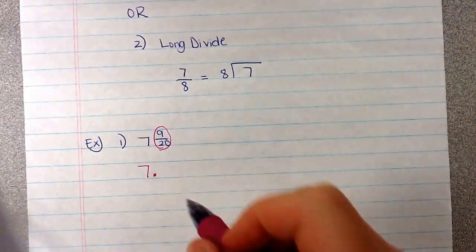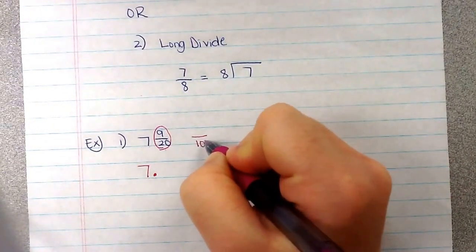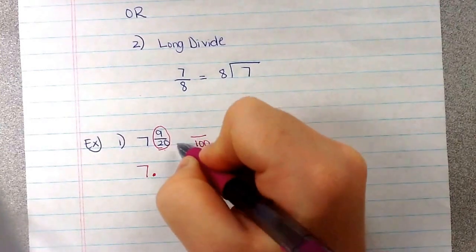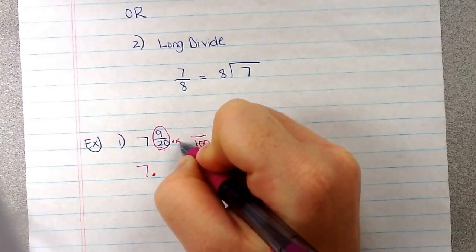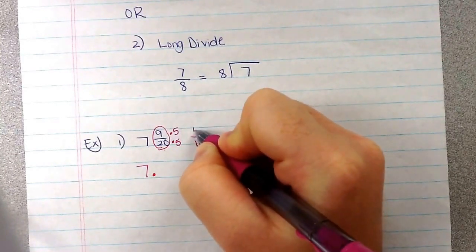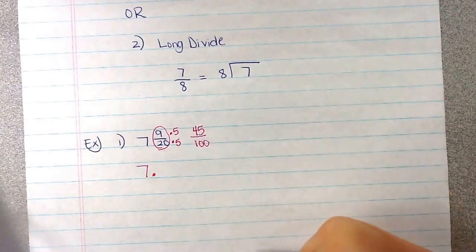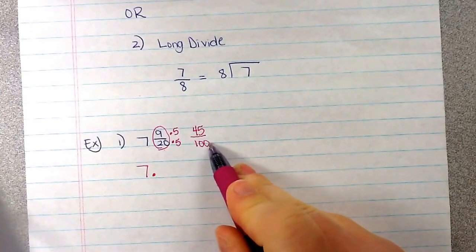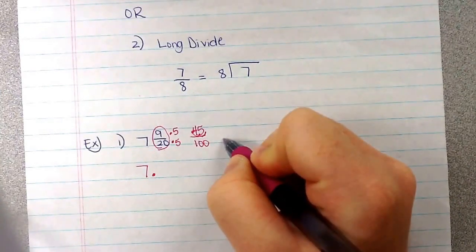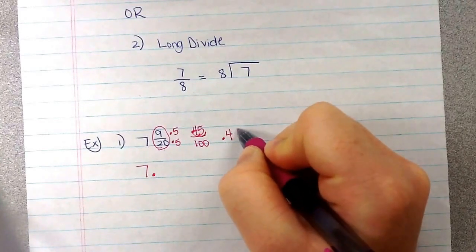Can I get this to be over 100? Yes, this is the shortcut method. What can I multiply by? 5. What I do on the bottom, I must do on top. 2 zeros in the bottom, so I'm going to move the decimal once, twice, 0.45.